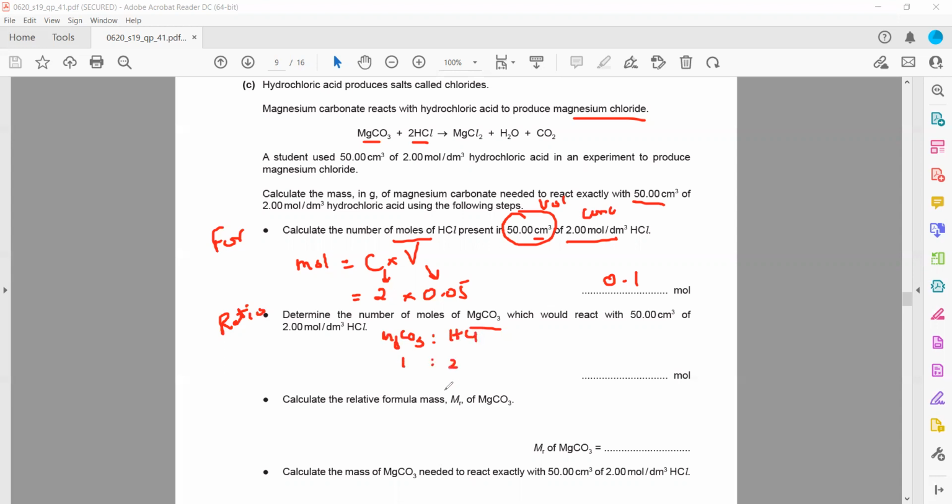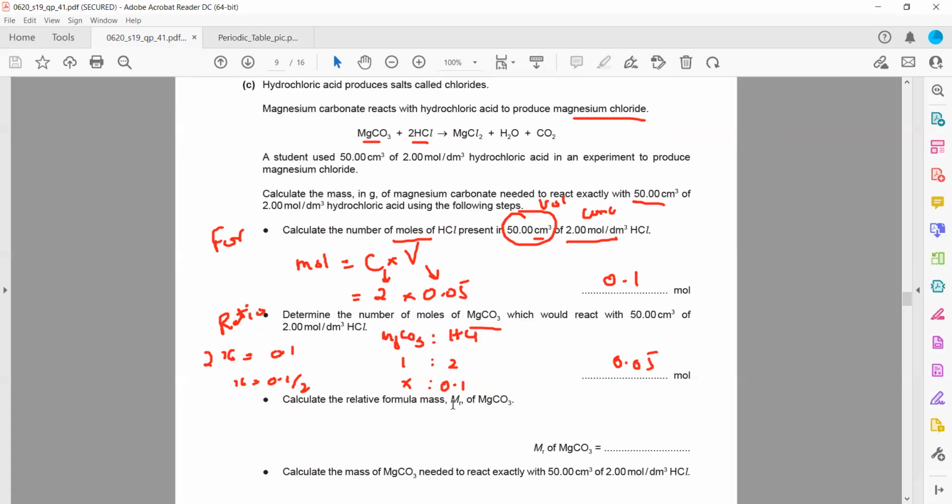So if we have in the question 0.1 mole of hydrochloric acid and x moles of magnesium carbonate, we cross multiply. So 2x is equal to 0.1 and x is equal to 0.1 divided by 2, which is 0.05. So this gives us the moles of magnesium carbonate. By using a simple ratio, we work out the moles of magnesium carbonate.